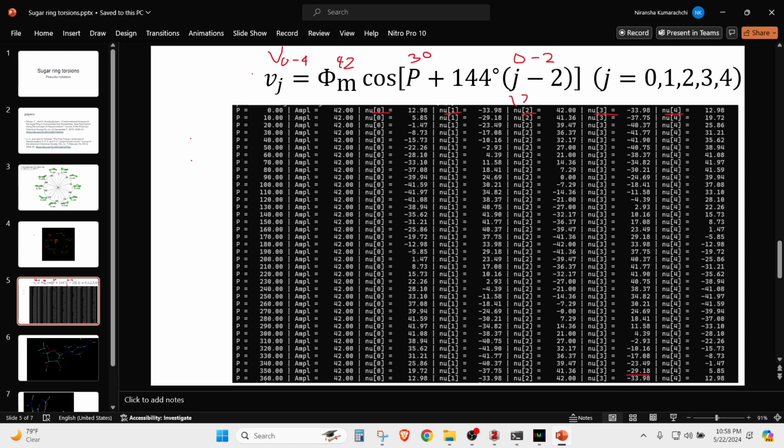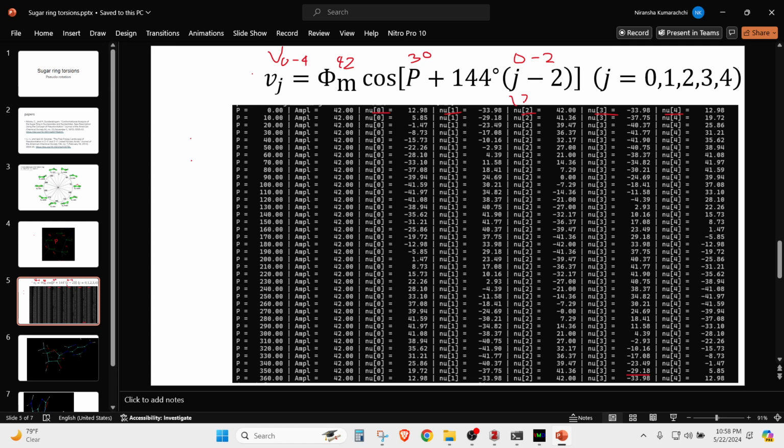Okay, now let's see. As I explained before, this is 0 to 360, right? And let's see what's happening. This is 0, and here it is 36. Roughly this area is around 20, right?